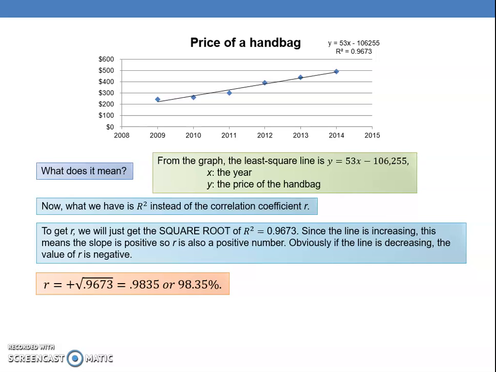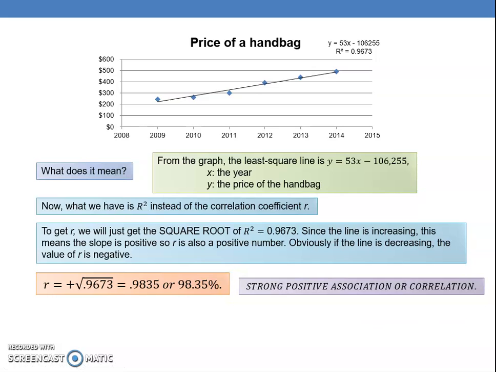Now using my calculator, I have to indicate that my r is positive because of the increasing line, and it came out to 0.9835, or I can write it in percent, so 98.35% is my correlation coefficient. So we can say that there's a strong positive association or correlation between the year and the price of the handbag.